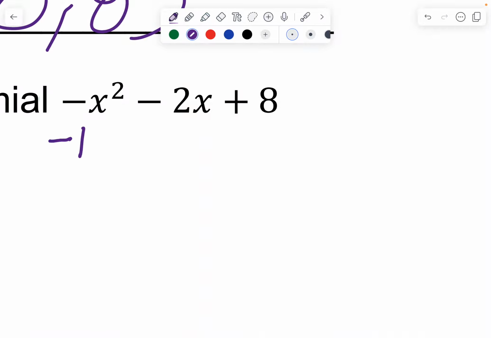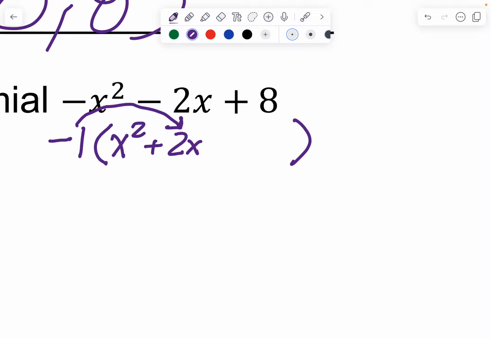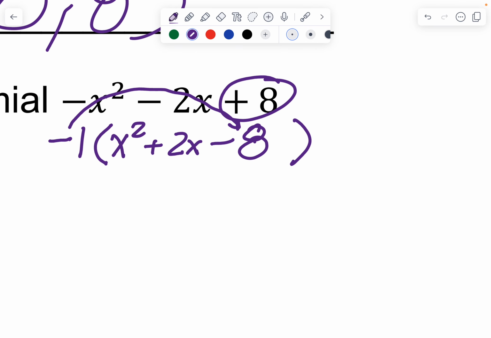So if I factor a -1 out of each of these three terms, what I have left inside would be a positive x squared, then a positive 2x, because -1 times a positive 2x would be the -2x, and then we would have a -8, because a -1 times a -8 will give us the +8.